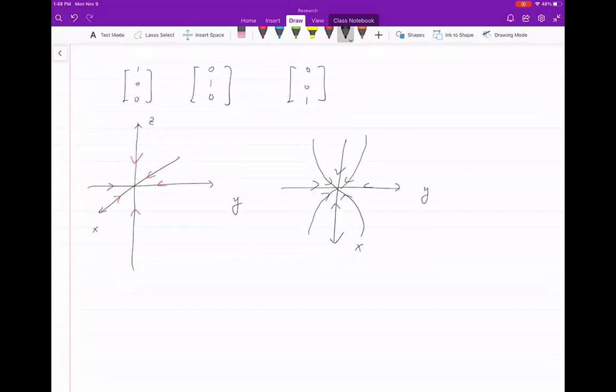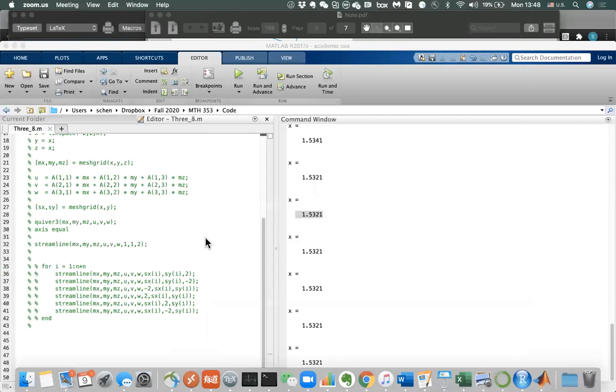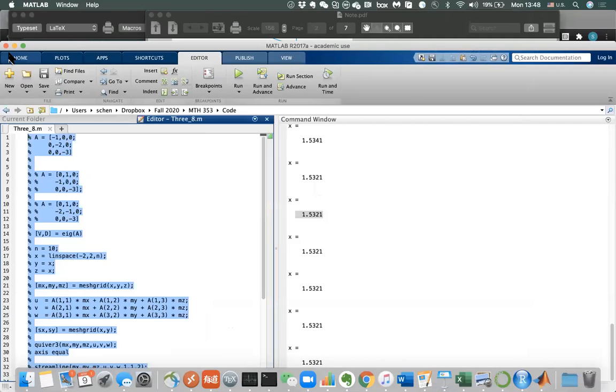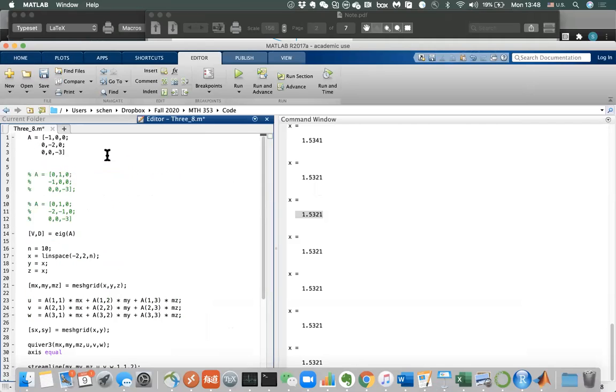All right. Let me open this, that, and the desktop. Okay, so let's take this one.